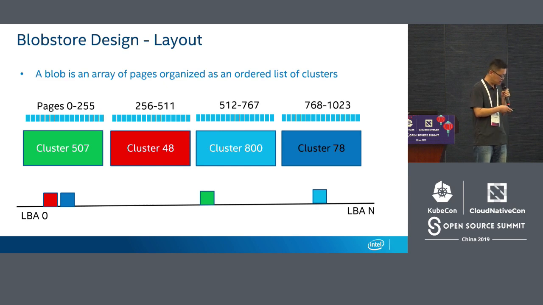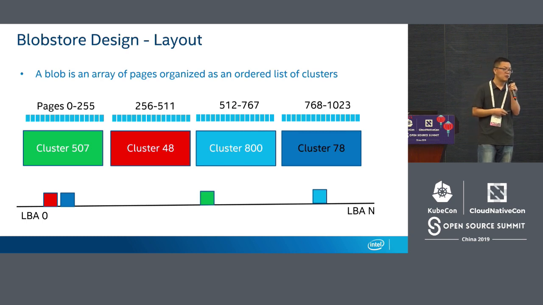So this is the layout of the Blobstore. We can see that there are different kinds of pages. For one page, it is for MB. If you go from LBA0 to LBAN, the space is one cluster, and clusters 7 and 8 are a larger one.